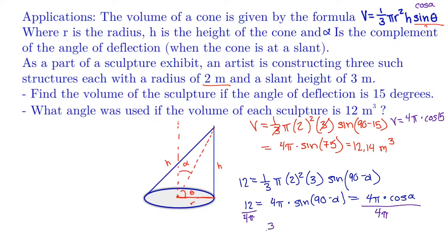And so this gives us 3 over pi is equal to cosine of alpha, which then we're going to do inverse cosine. So alpha is equal to inverse cosine of 3 over pi, which is going to give us the value of... we still want this in degrees, so let's just leave it in degrees.